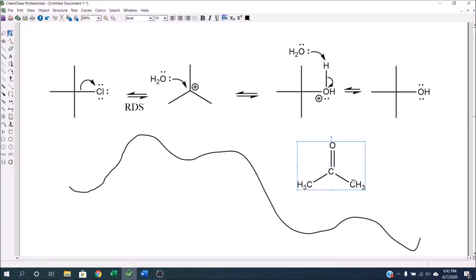Let's go back to acetone. Acetone can make hydrogen bonds, but it does not have a hydrogen that can make hydrogen bonds. Acetone can only make hydrogen bonds if something else brings that hydrogen to the table, like a water molecule or something. So if you think about water right here in acetone, let's circle it.